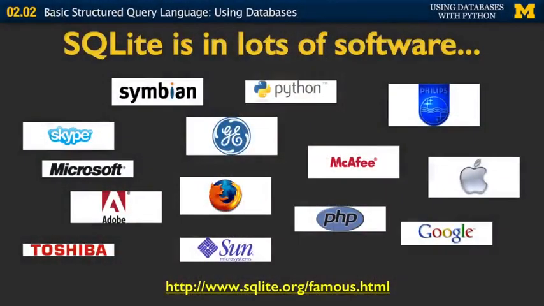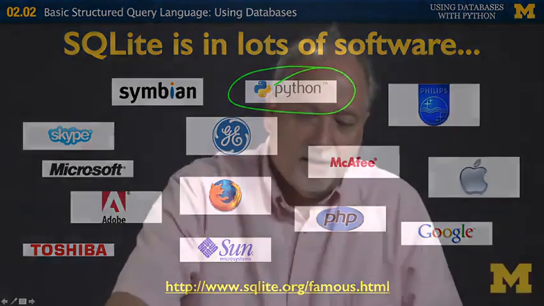And the thing that matters most to us is that it's built into Python. It's already there in Python. So that's super awesome, right? And it's fast and aimed at smaller amounts of data, but because in Python we're doing data analysis, we will make good use of SQLite, and the fact that it's built in just makes our life really simple. We don't have to install a bunch of software.